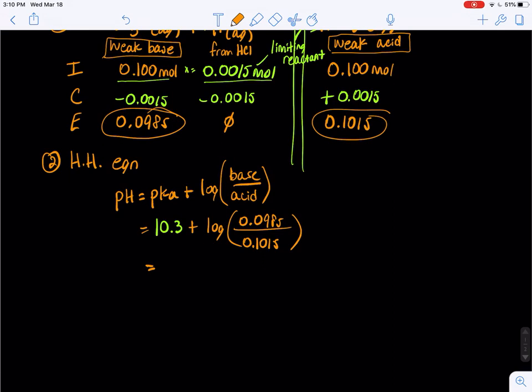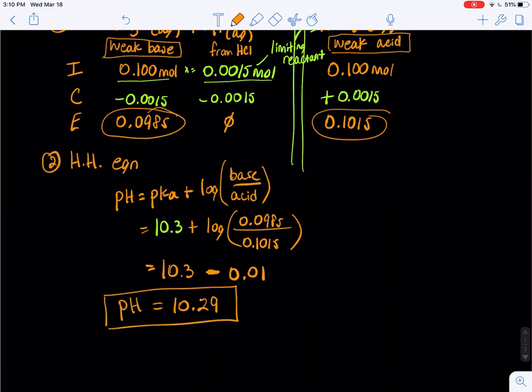When I do this, I get 10.3, and over here I get minus 0.01. Okay, so you can see how the value is going to be 10.29 when you round things off. Okay, and you do a little check here.